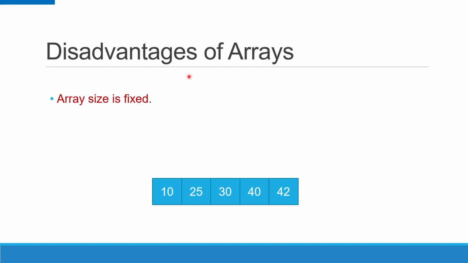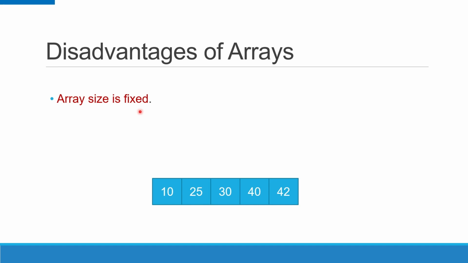Next are the disadvantages of arrays. Arrays have some drawbacks, like the array size is fixed, which means when you declare the array size, for example, in a program, when you declare the array size as 10, throughout the program the array size will be 10 only. If you want to increase the array size to 15 or 25 or 50, it is not possible with arrays.